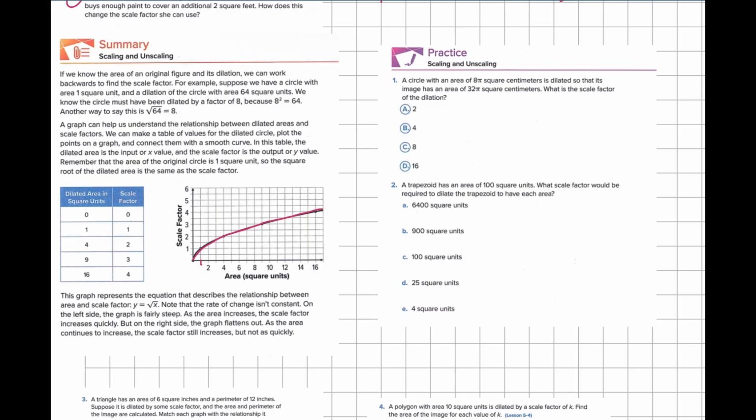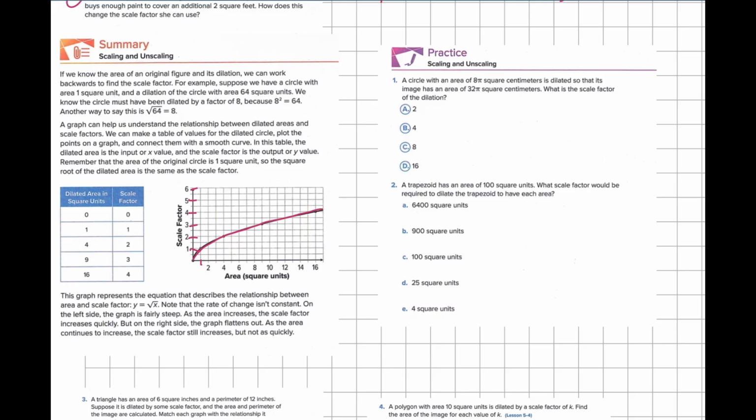It looks like over here they're going 2 lines up is 1 unit. So we did it backwards. In 5-4, we had our scale factor and we squared it to multiply. Now we have the original, so we've got to take the square root of that to find what our scale factor was. Our original was 1 on all of these.